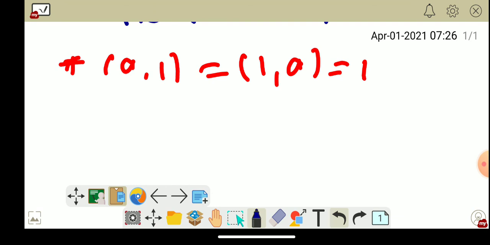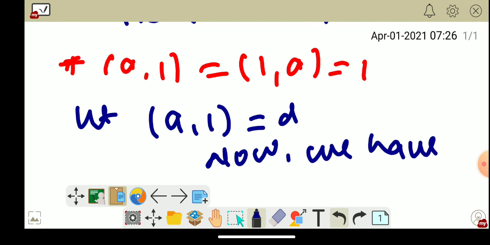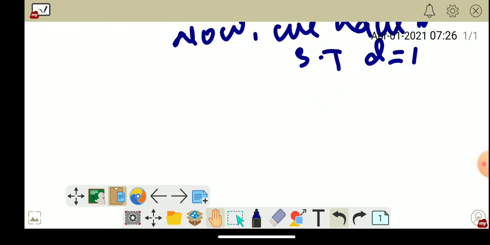Let GCD of A comma 1 be equal to D. Now we have to show that D is equal to 1. Then the theorem is over.